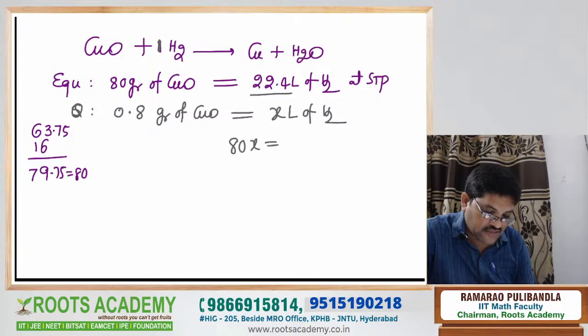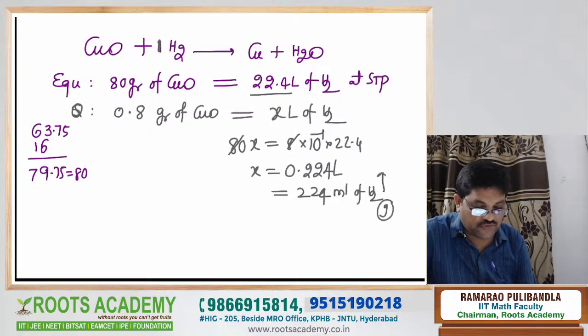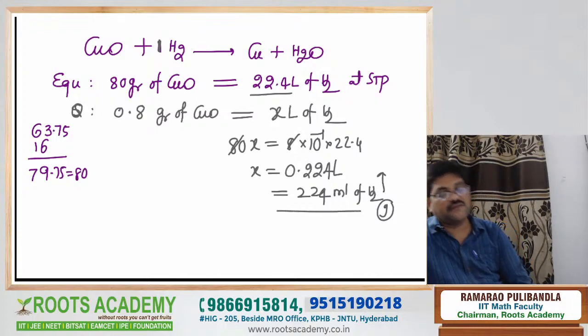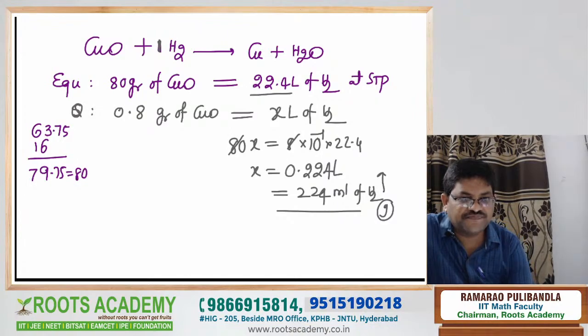Now 80x is equal to 0.8 into 22.4. Now this 8 cancels and you get 0.224 liters. That is equal to 224 ml of H2 gas liberated. That is the simple logic. No confusion in the logic.